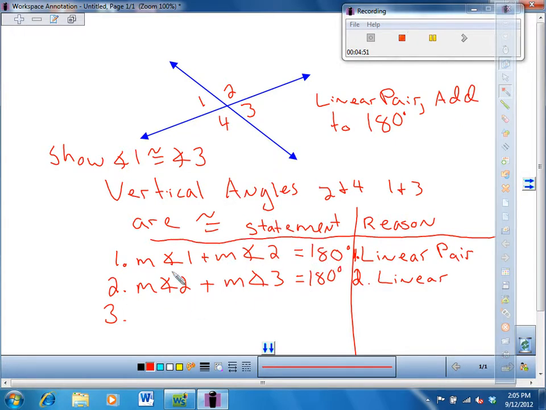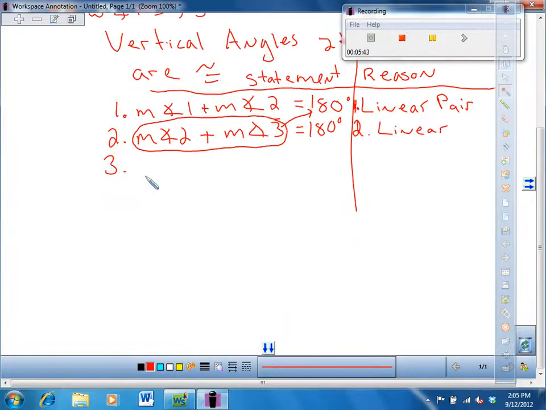Do you see that? Because if this equals 180, and this is also equal to 180, then they have to be equal to each other. So basically what I did is I took this and I substituted in over here, and I'm allowed to do that because I know that that's equal to 180, so I can put it on that side of the equation.